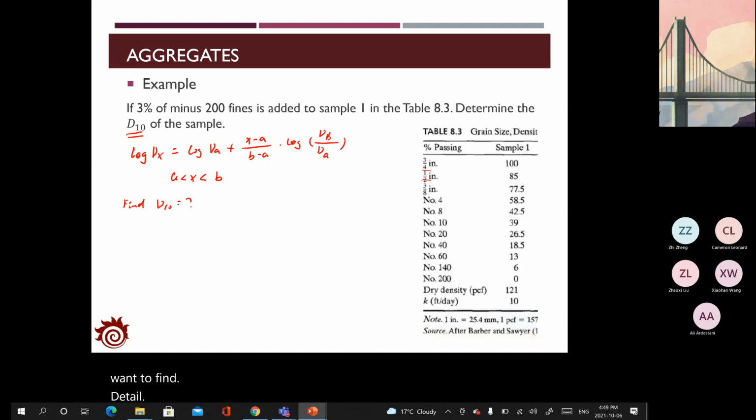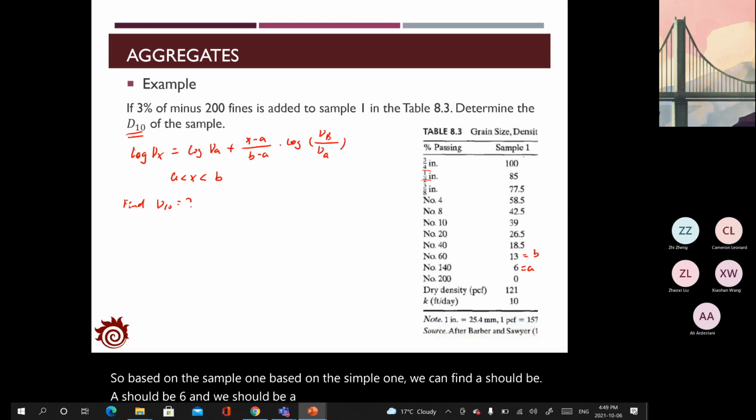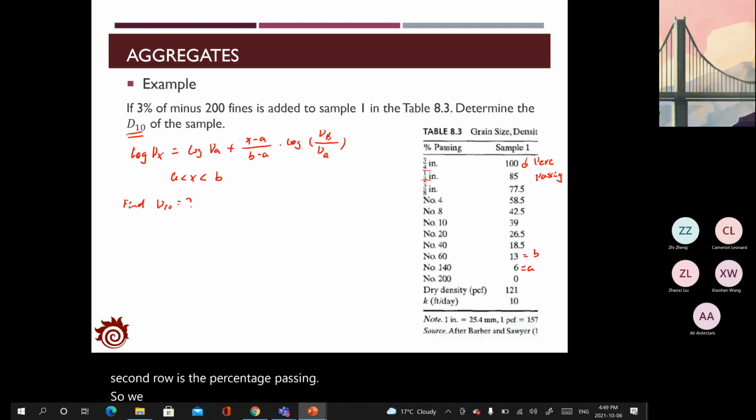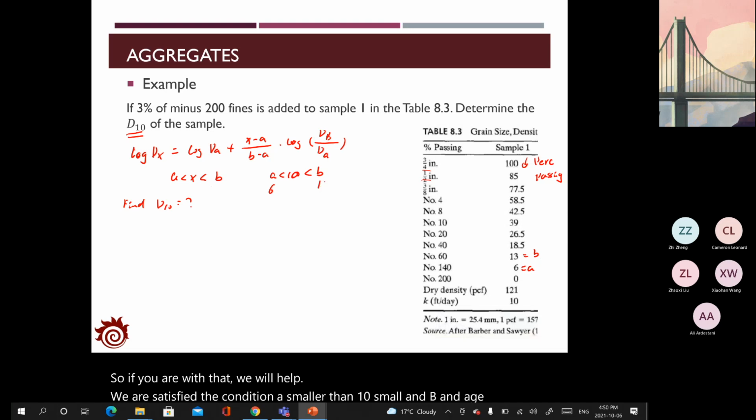So we need to go to the table and find the two values which bracket 10 in their experiment. Based on sample one, we can find A should be 6 and B should be 13. This is the percentage; the second row is the percentage passing. So we satisfy the condition A smaller than 10, smaller than B, where A is 6 and B is 13.